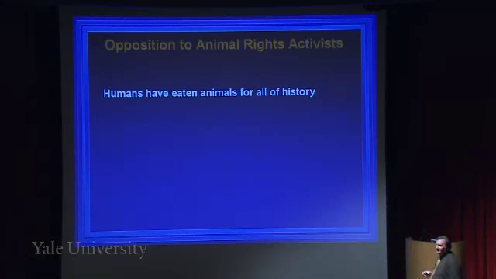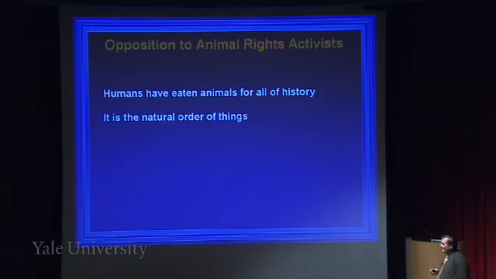First, they've said that there's nothing wrong with eating meats. Humans are made to eat meats. It's been true all throughout human history, and so why would it be bad now? They say that it's the natural order of things, that big fish eat small fish.